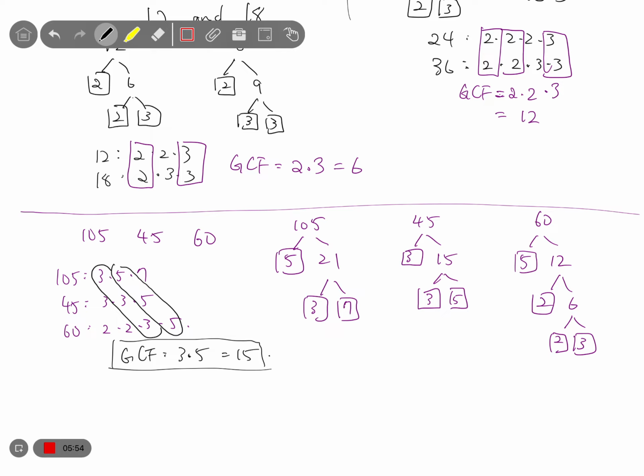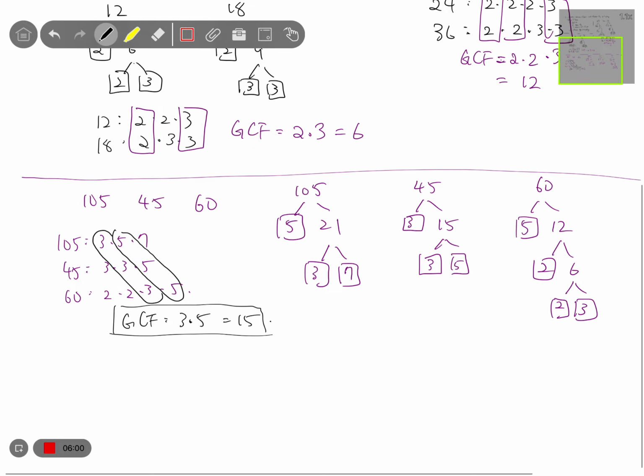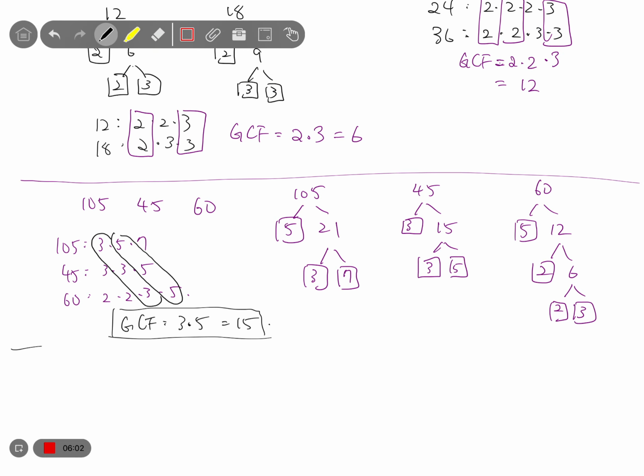All right, so that's how you find a GCF for strictly numbers. Now, if you're looking for the GCF of terms with a variable, that just means that we also have to figure out what's going on with the variable. So let's look at 3x squared and 6x cubed. I'm going to write this slightly differently just because the numbers are small.